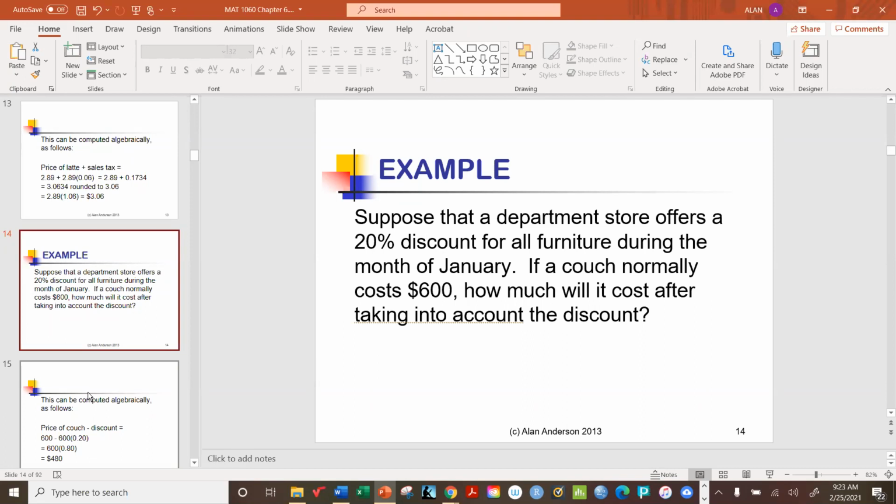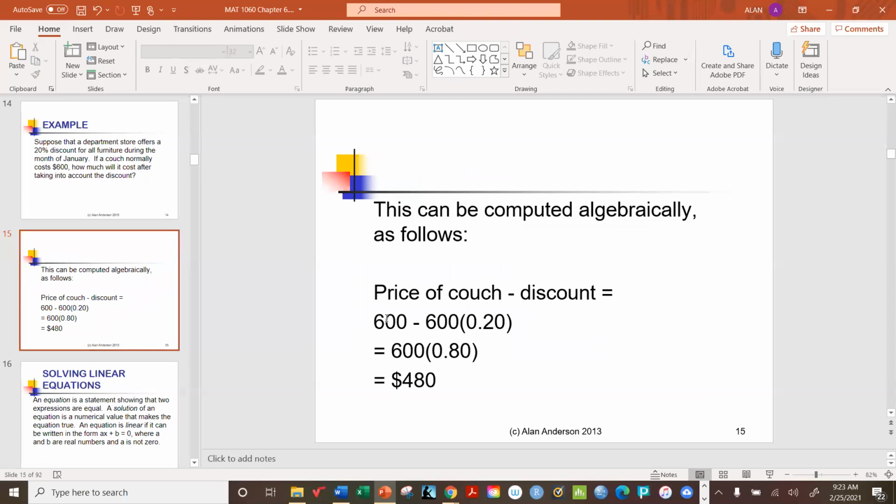All right, so now we can write it like this. We got the $600. Now we're subtracting the 20% discount. So you could either write it out as 600 minus 120, or you could consolidate these two. This would be one.